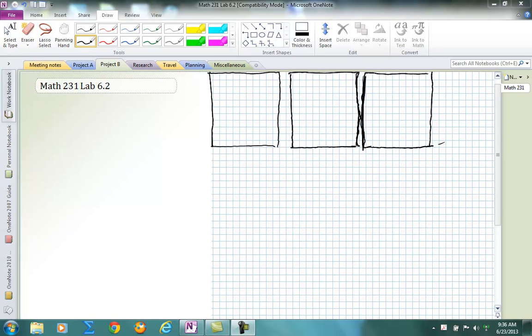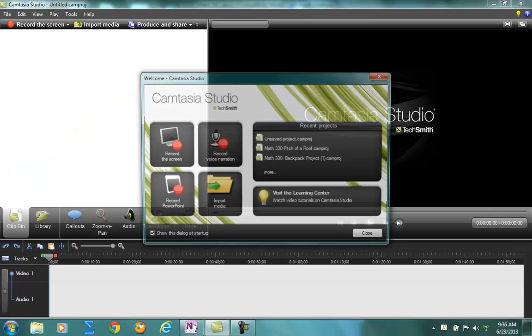In Lab 6.2, we want to be able to model computation with decimals.